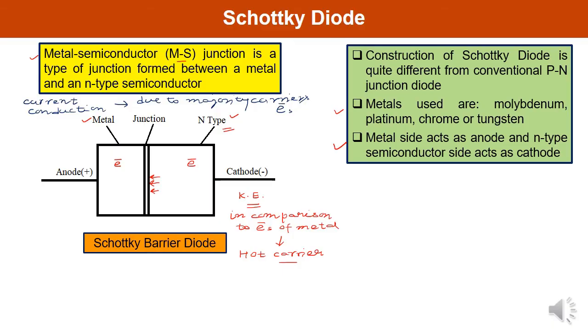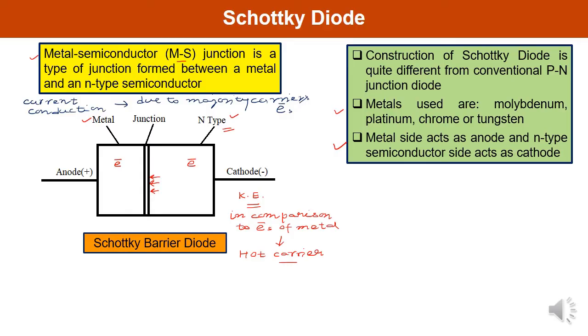And the heavy flow of electrons into metal creates a region near the junction which is the depletion of the carriers in the silicon material, and this is very much similar to the depletion region of PN junction diode.